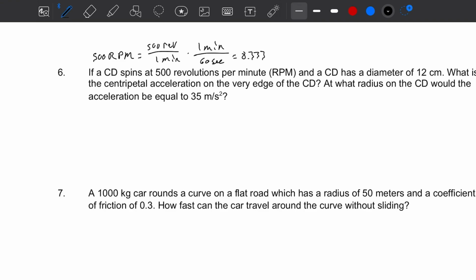Period and frequency are inverses, but we want it in seconds so that it's in the units that we want. 8.333 revolutions per second. Since we want seconds per revolution, we're basically inverting the units, so we're going to invert the number. 8.33 to the -1 seconds per revolution.